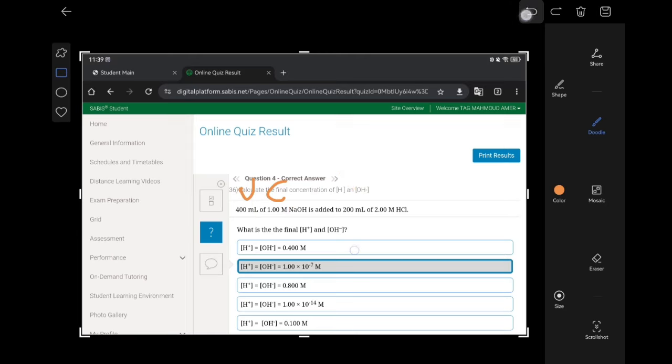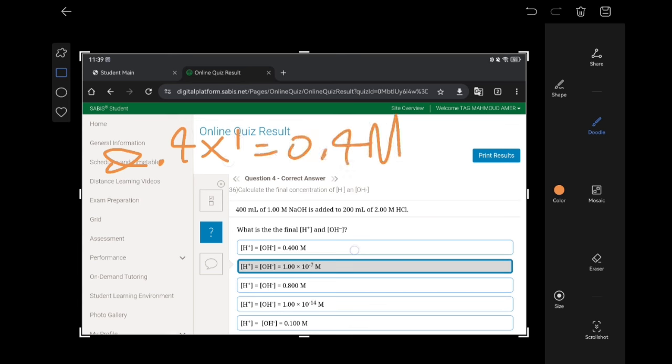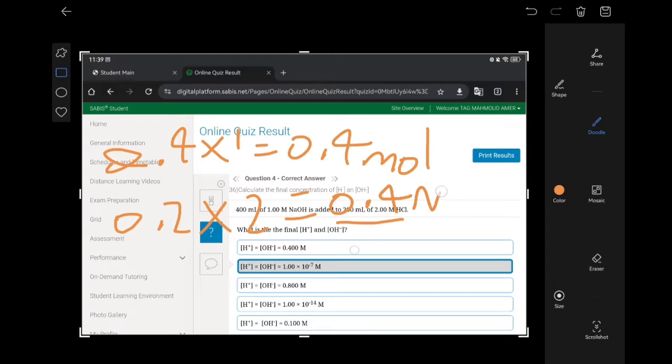And make sure it's either in decimeters cubed or liters, so you just divide by 1,000. So it's 0.4 times 1, equal to 0.4 moles. And then here it's 0.2 times 2, which is also 0.4 moles. So that means it's completely neutralized, so they're equal.